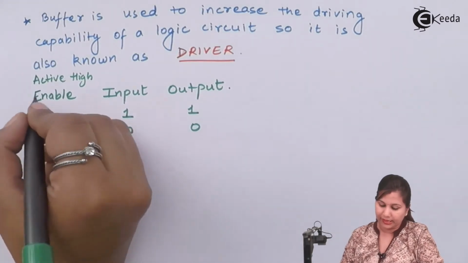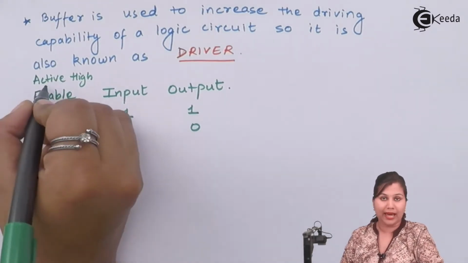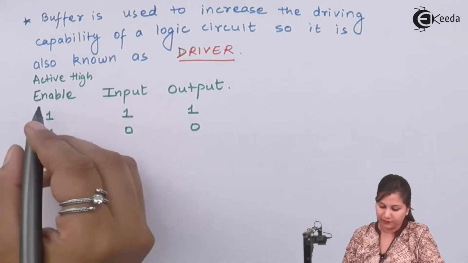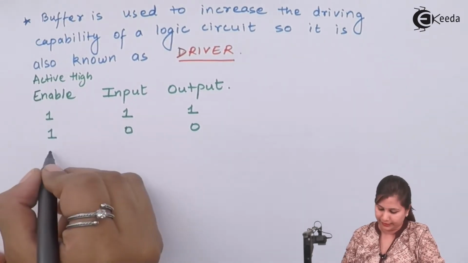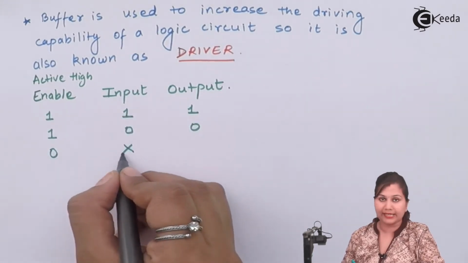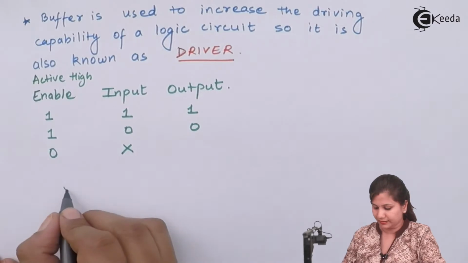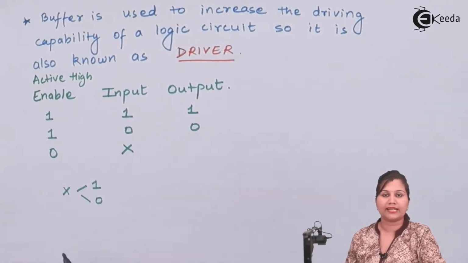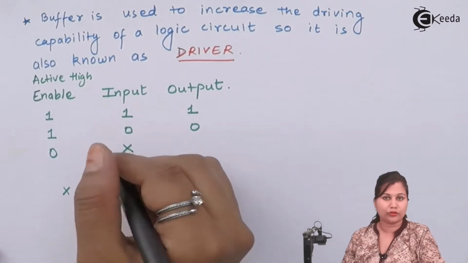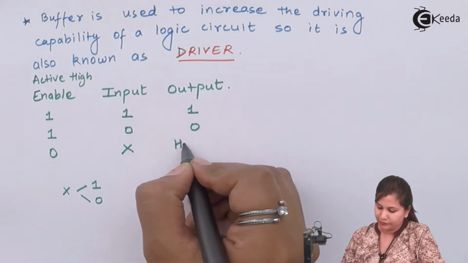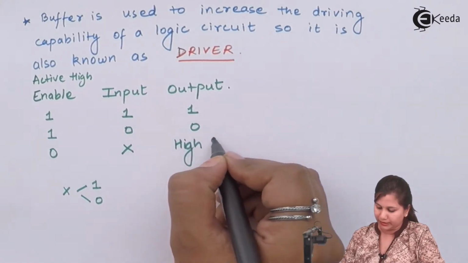If this enable line, which is supposed to be active high, is given 0, then whatever the input is, we are writing x here. X means that this value can either be 1 or 0. It is irrelevant. Its value doesn't have any effect. So the output, or the device, goes into the high impedance state.